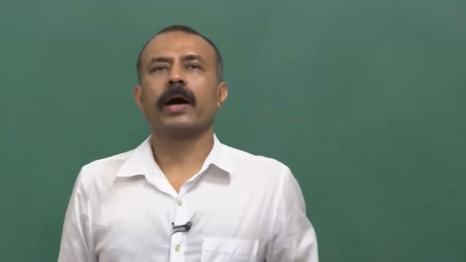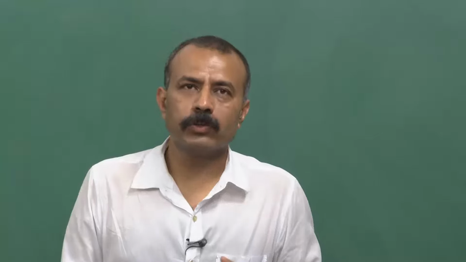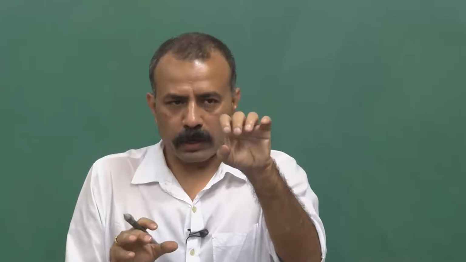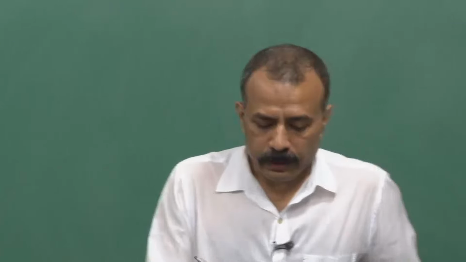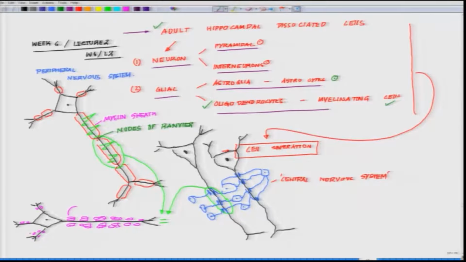And then what happens, these individual cells which have formed a complete covering like that start to secrete a myelin basic protein, which is called MBP.